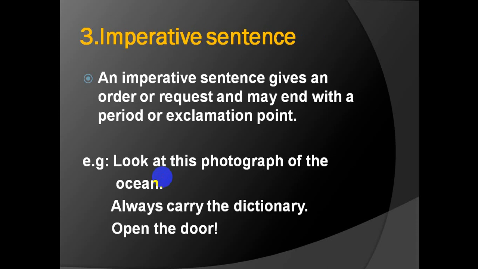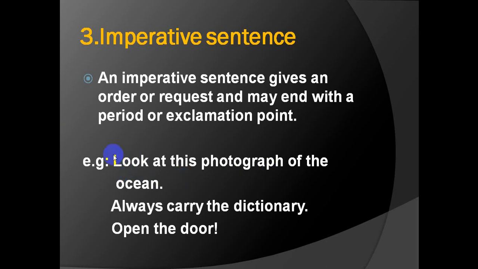The third one is the imperative sentence. What is an imperative sentence? An imperative sentence gives an order or request and may end with a period or exclamation point. So here is the example: Look at this photograph of the ocean.